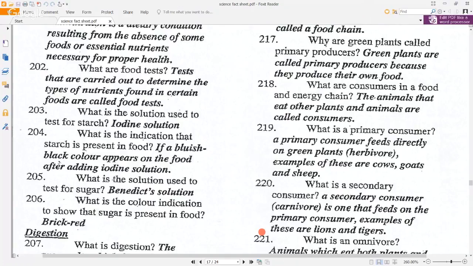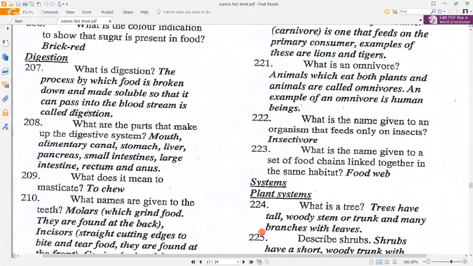What is a secondary consumer? A secondary consumer, a carnivore usually, is one that feeds on the primary consumer. Examples of these are lions and tigers. What is an omnivore? An omnivore is an animal that eats both plants and animals.